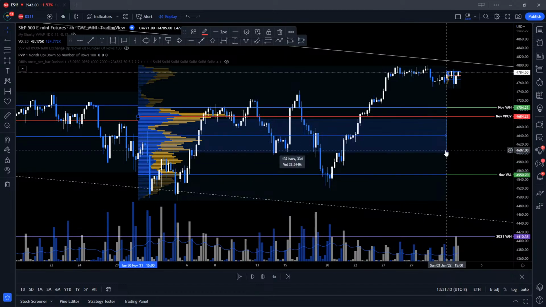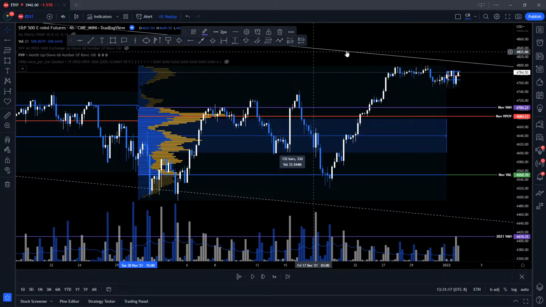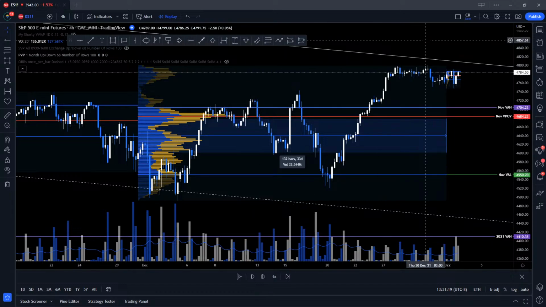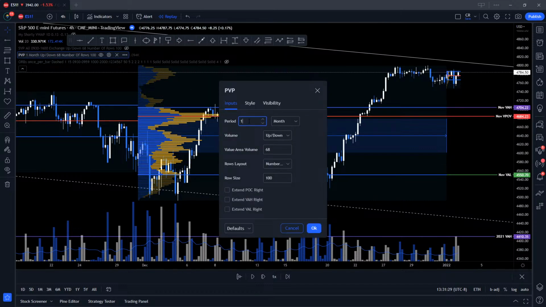So this is going to be, oh my gosh, my colors are all off. So this is all I grabbed for my PVP on the 1 month. And then from here, I switched to 7 days.